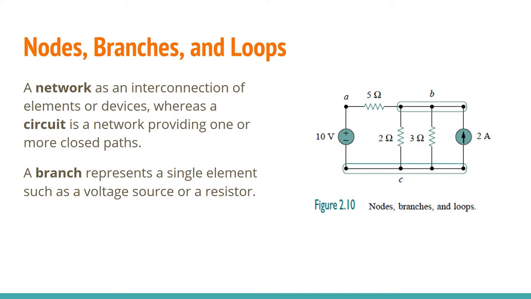Na ay branch na nag-consist of 5 ohms, that is the resistor, na ay branch na nag-consist of 2 ohms, another branch 3 ohms, another branch ng current source. So in figure 2.10 na ay 5, 1 2 3 4 5, 5 ka branch ang kaninga network or circuit.